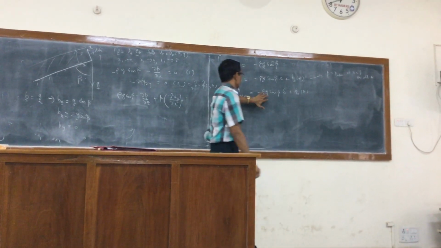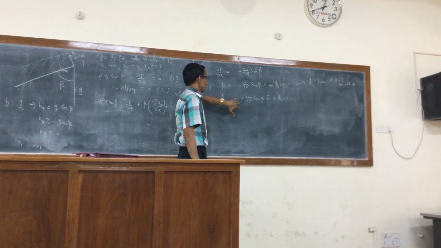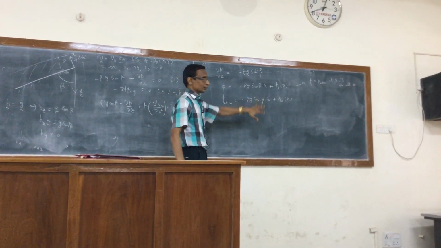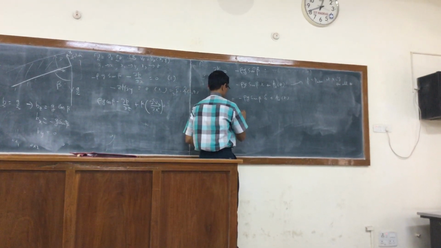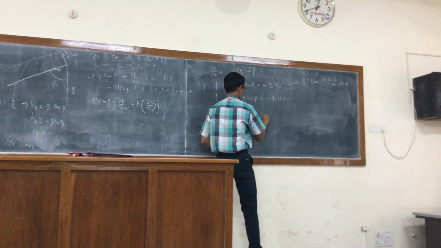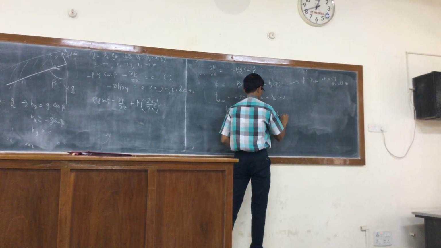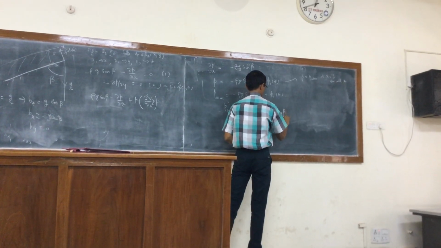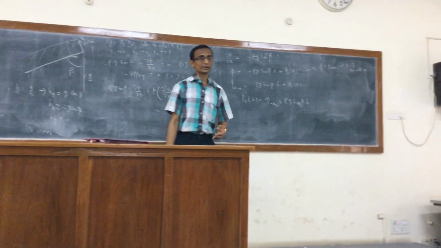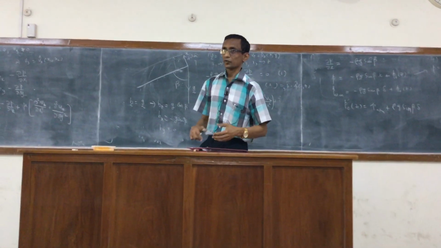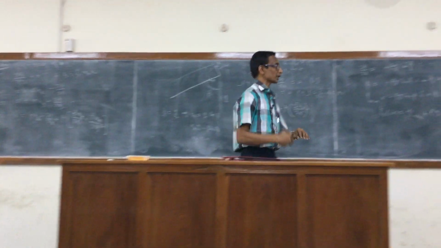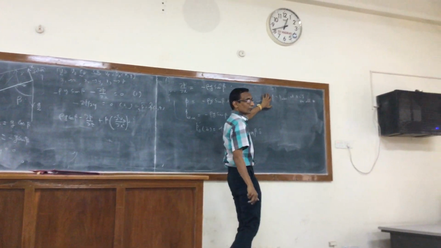And P naught of z then turns out to be P atmosphere plus rho g sine theta delta, which is actually a constant. It's not a function of z. That is what we obtain for the special case corresponding to this boundary condition.